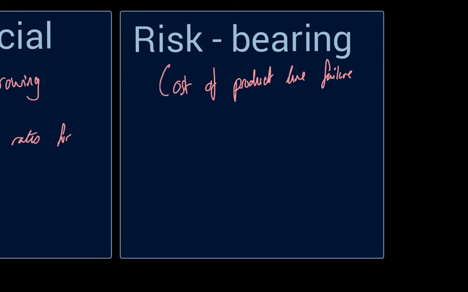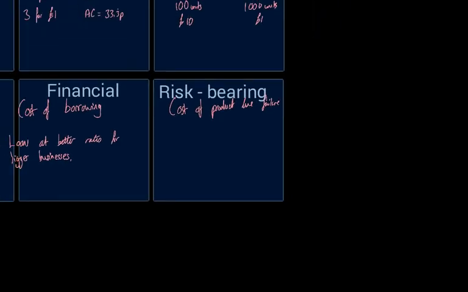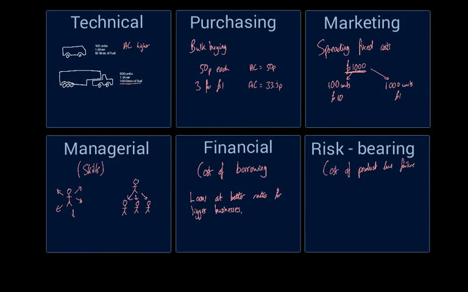So the risk of a single product line failing is far, far less significant for Procter & Gamble than it is for Innocent Smoothies. So all of those factors there, those 6 factors, are reasons why businesses can reduce their average cost as they get bigger. And hopefully that explains the different sorts of economy of scale which exist.